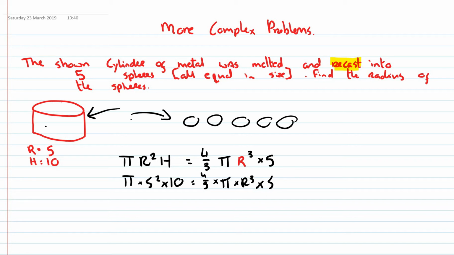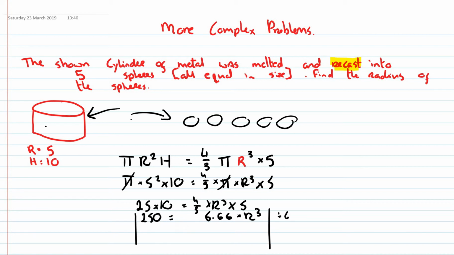I get rid of my pi's, so 5 squared is 25 multiplied by 10 equals 4/3 multiplied by radius cubed multiplied by 5. That gives me 250 equals, I suppose we can multiply the 5 and the 4/3, 4/3 multiplied by 5 equals 6.66, so 6.66 multiplied by radius cubed.